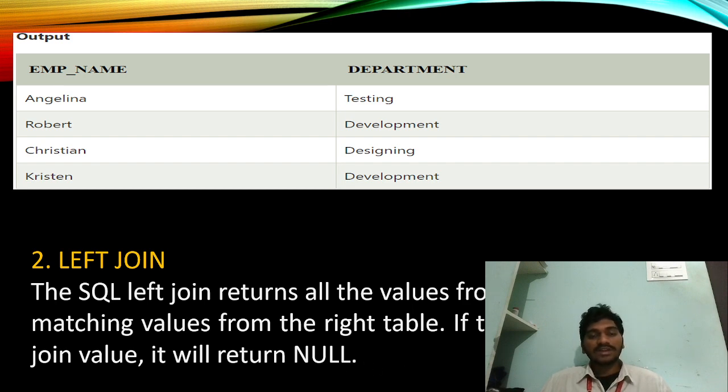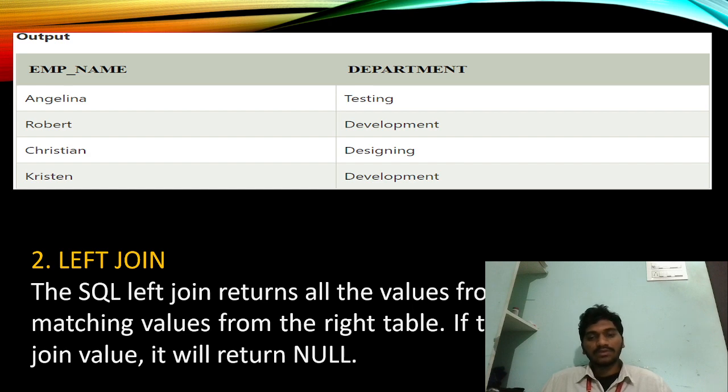In inner join it selects all the common rows from the two tables, but in left join it selects all the values from the left table and the matching values from the right table. In case there are no matching rows in the right table, it returns null values.